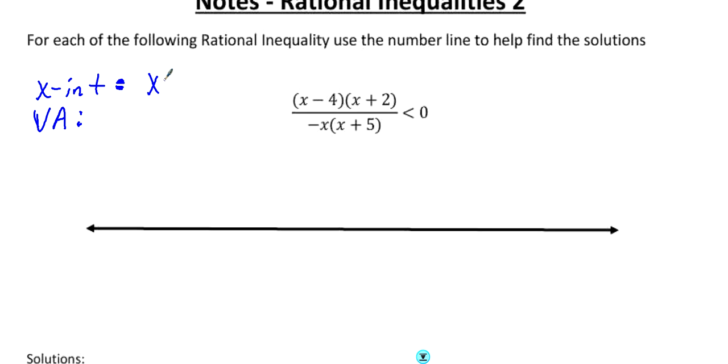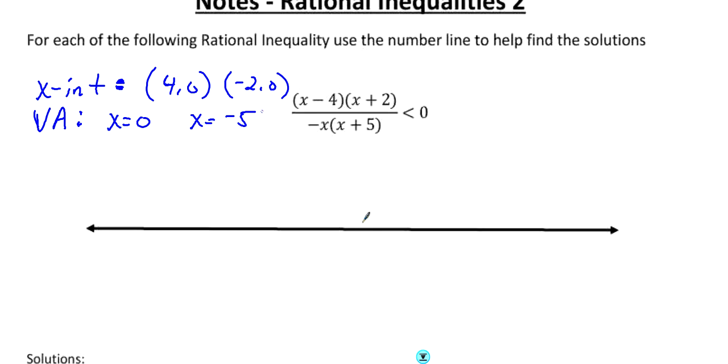I'll put them in coordinate form so that it doesn't get confusing. I have one at positive 4 and one at negative 2. My vertical asymptotes for this function are at 0 and at negative 5. So I'm going to put all 4 of those values onto my number line.